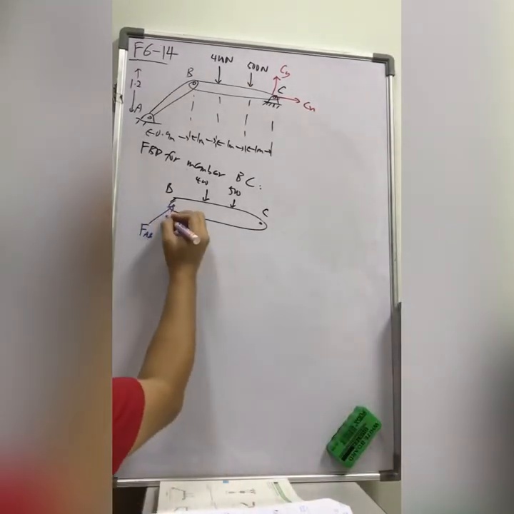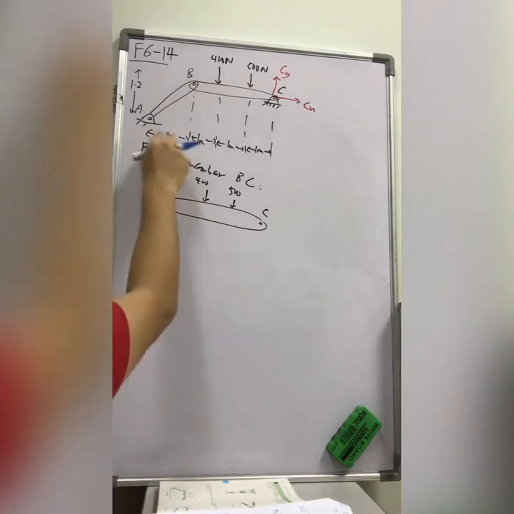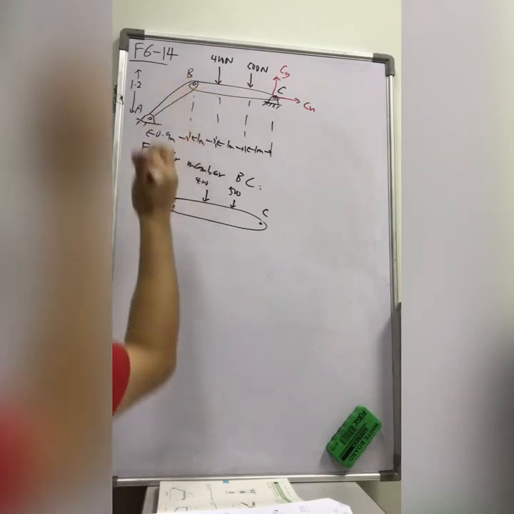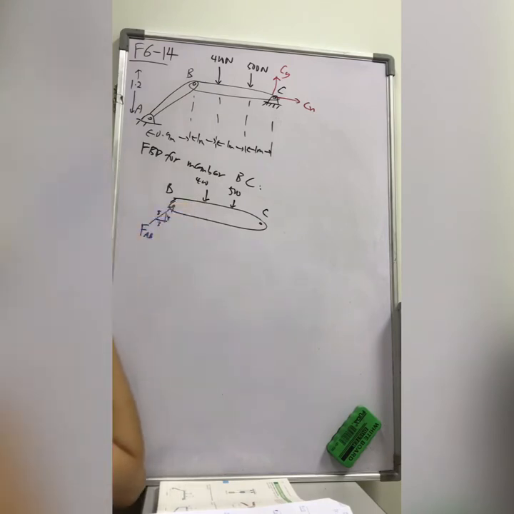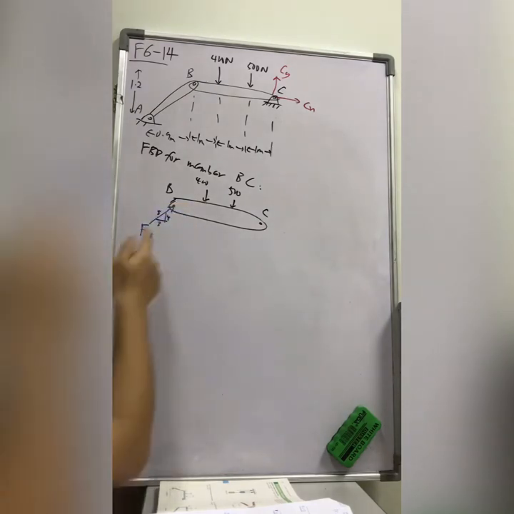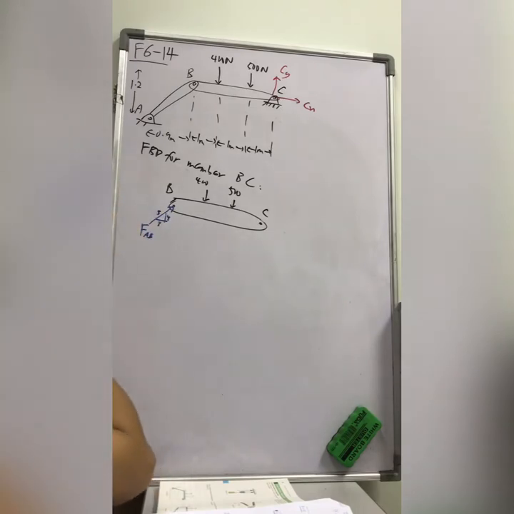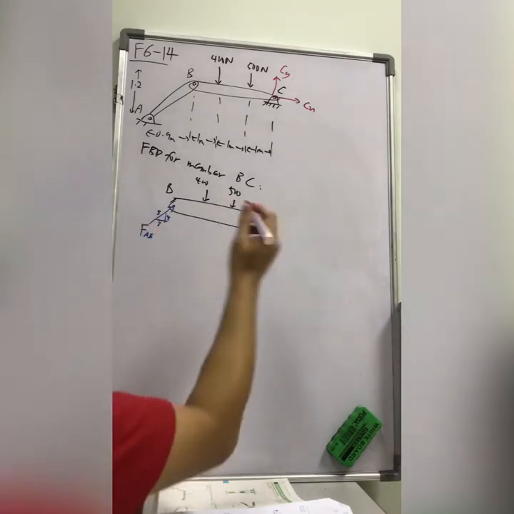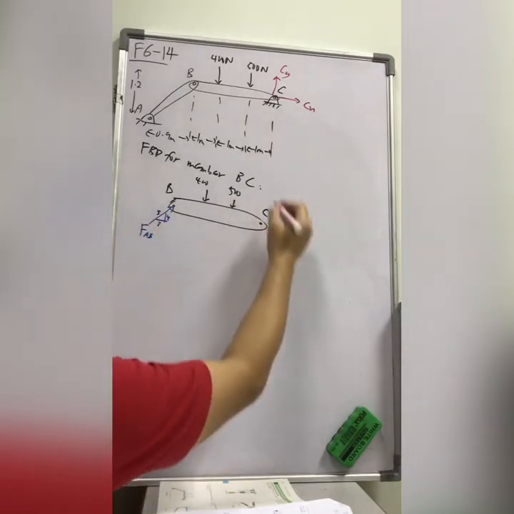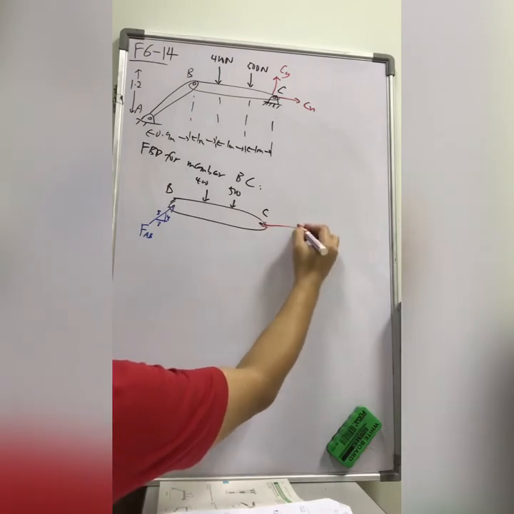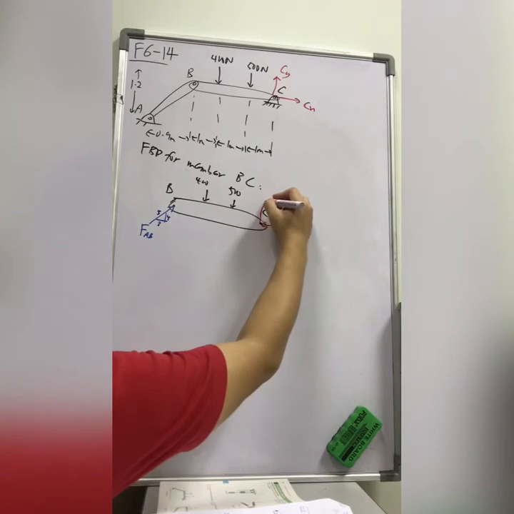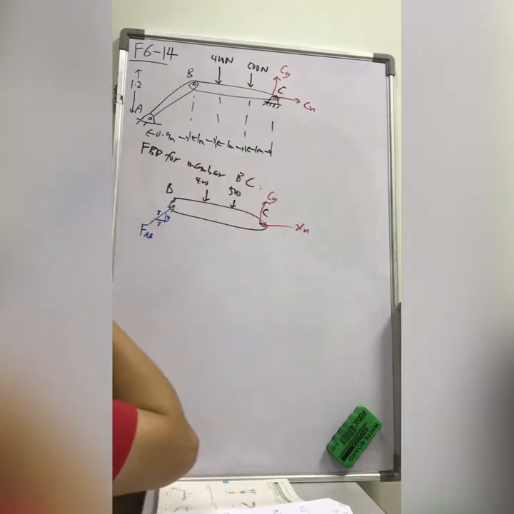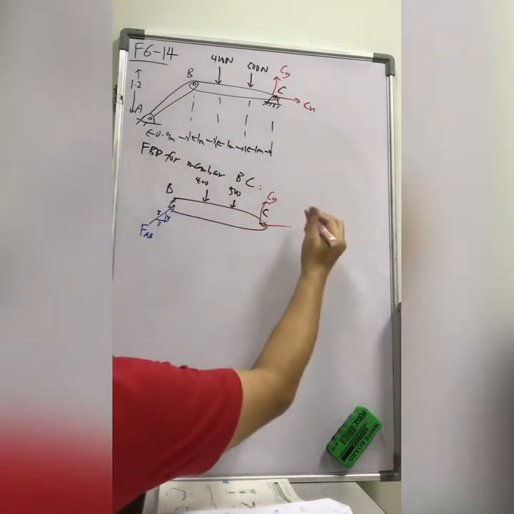What is the direction? The direction is 0.9, 1.2, so actually it is equivalent to 3, 4, 5. You can check this yourself. And at point C, you have Cx and then Cy.